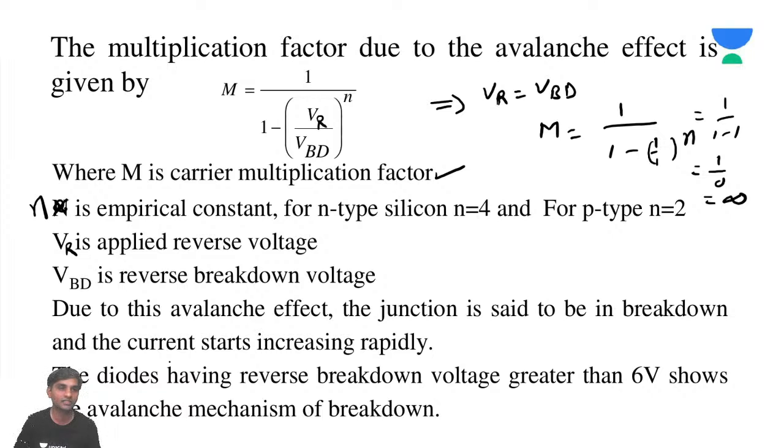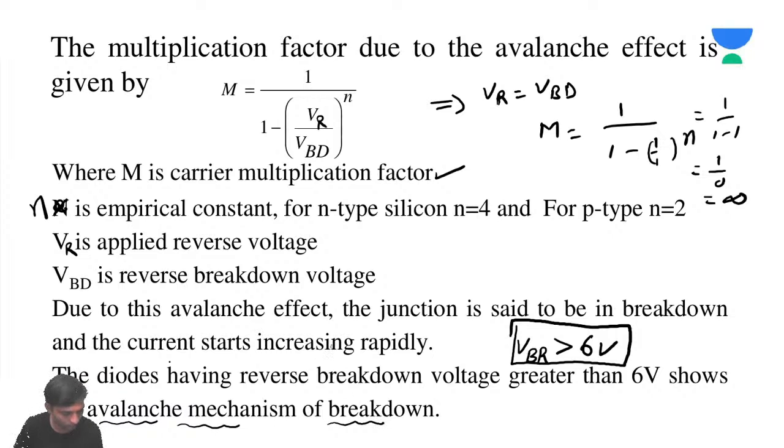So to get avalanche breakdown, your VBR should be greater than 6 volts.